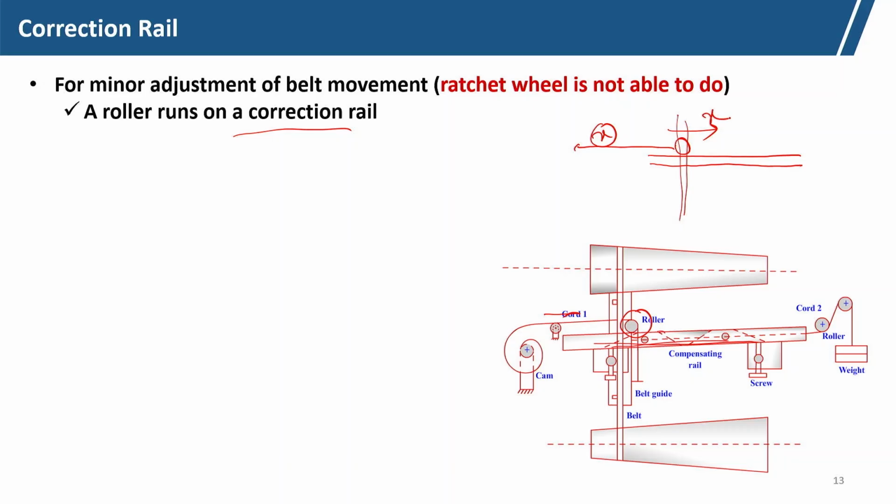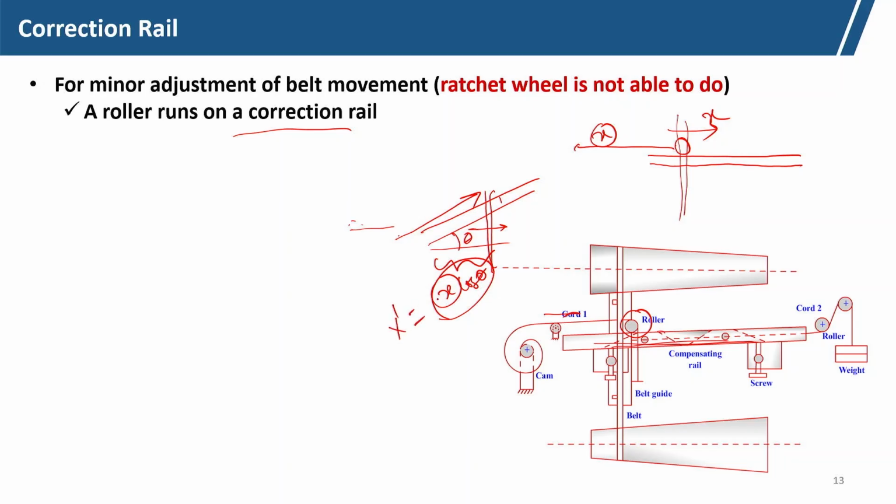But if the correction rail is at angle theta, then for x release, the actual shift of the cone belt will be x cos theta. So, x dash will be x cos theta.